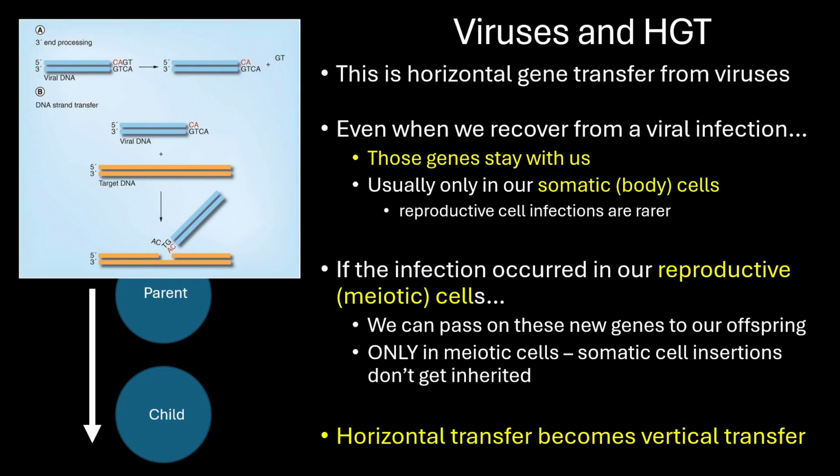In this way, we can have instances where horizontal gene transfer, as in any kind of passing of DNA that is not from parent to child, can transition into vertical gene transfer, moving from parent to child in that typical generational pattern.